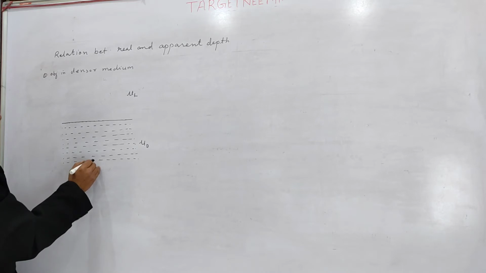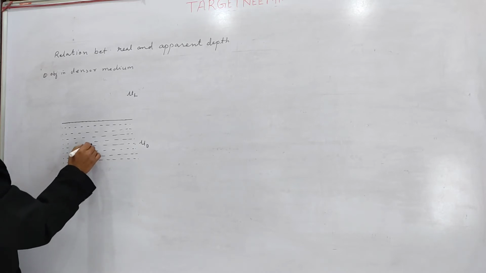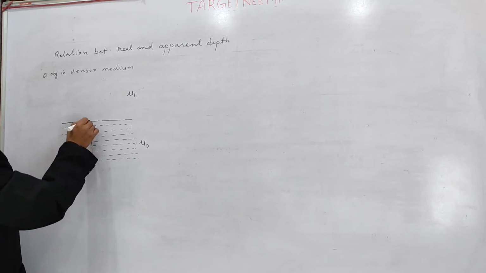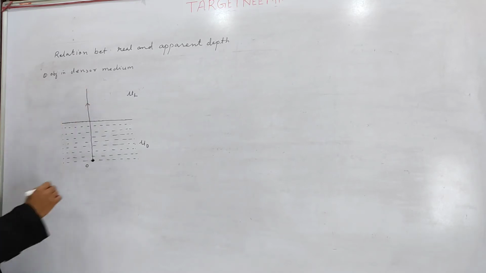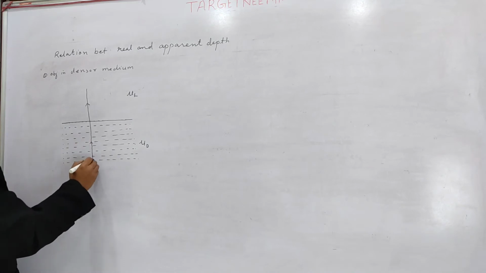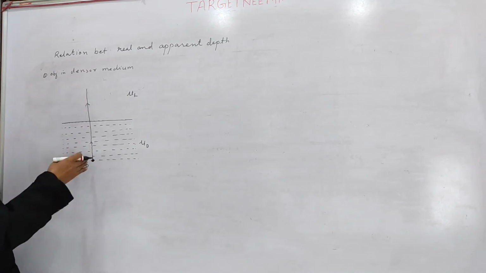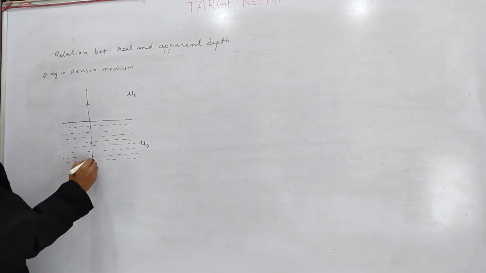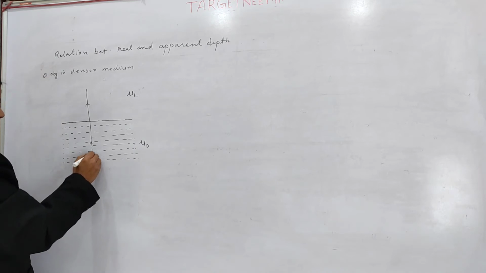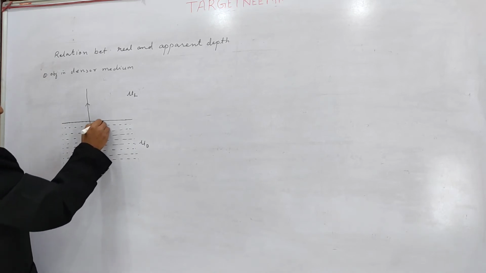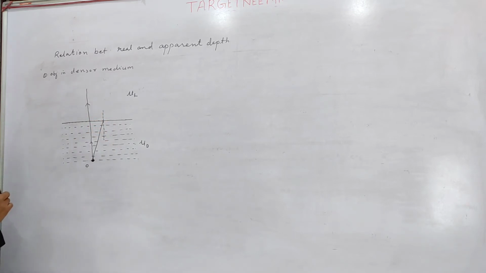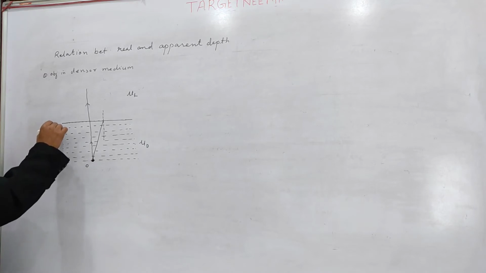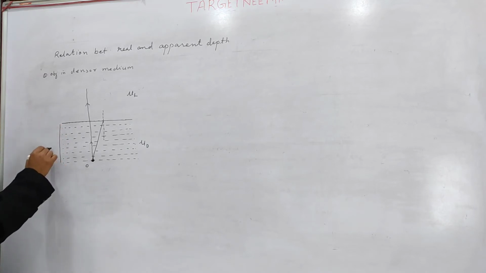So light which falls normally on the interface goes undeviated. But it is not the only ray that comes out of the surface, so many rays come out. So this is another ray, suppose it gets incident at this point. This is the real depth of object from the surface.